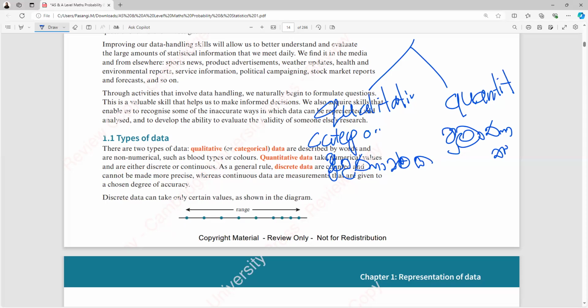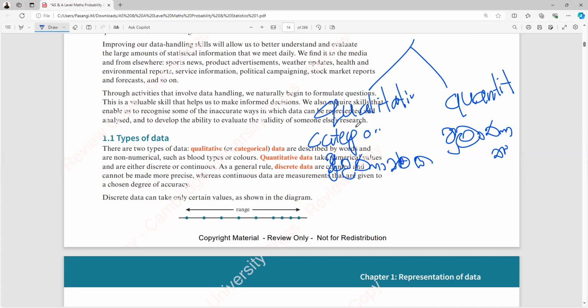Now, what will happen for qualitative and quantitative data? Qualitative or categorical data are described by words. For example, t-shirt size: small, medium, large, extra large, comes under qualitative data. Blood types, positive or negative, likewise have no proper numerical values.